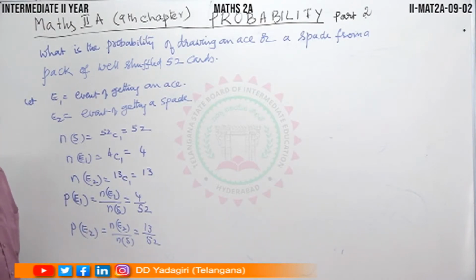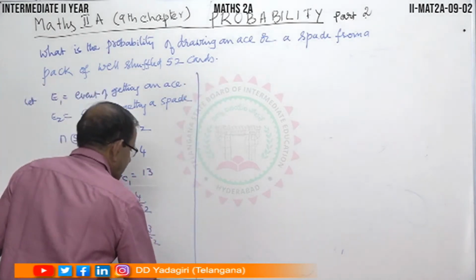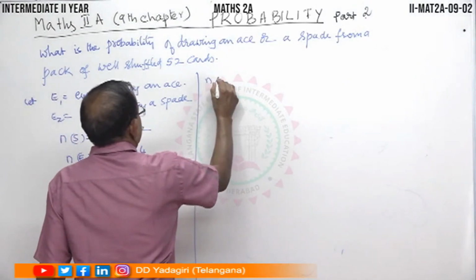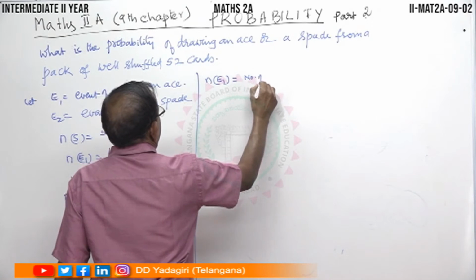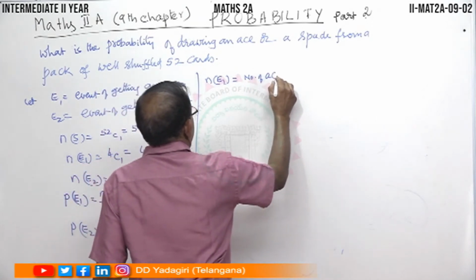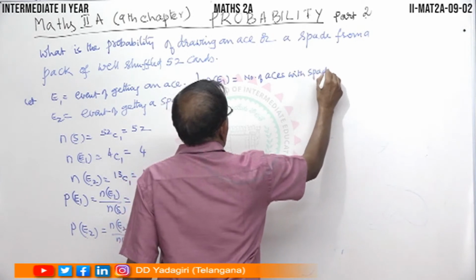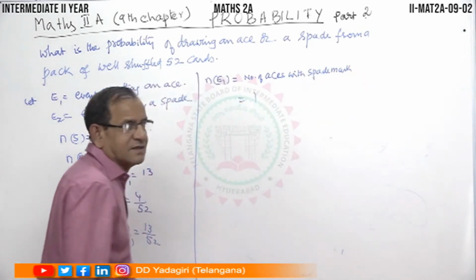What is that card? Ace of spade. That is the common card. Now, we have to find out what comes in intersection. Number of aces with spade mark. That is equal to 1 only.